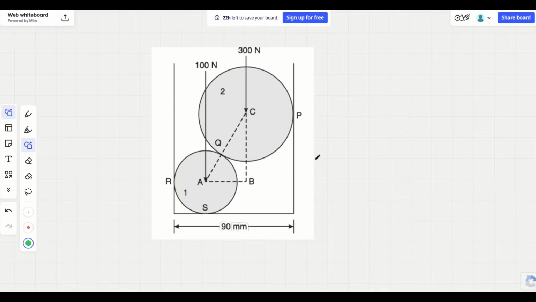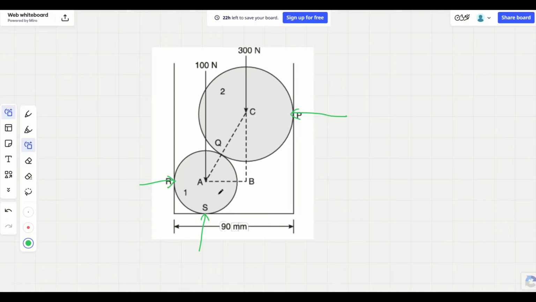See here, this is the contact force and this is the normal surface. It is acting like this, perpendicular to the surface. And for this, it should be like this. Correct?